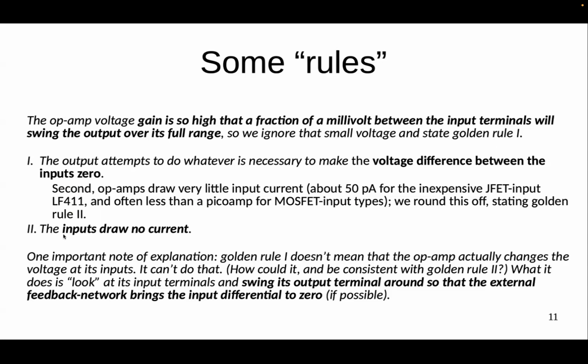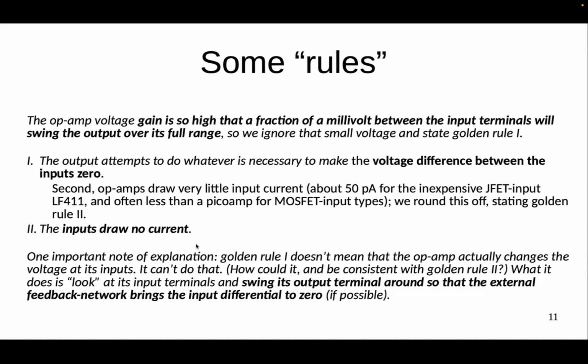And the second rule is that the inputs draw no current. Basically, in the ideal case, for the analysis we consider that the inputs draw no current between the two inputs.